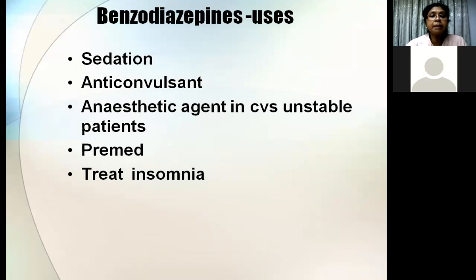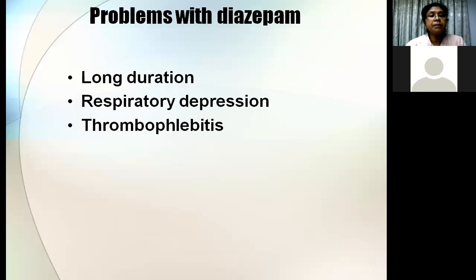Sometimes, elderly people take a diazepam or a midazolam tablet when they can't go to sleep. So these are the uses of benzodiazepines, but we have problems with that if you give it too much.